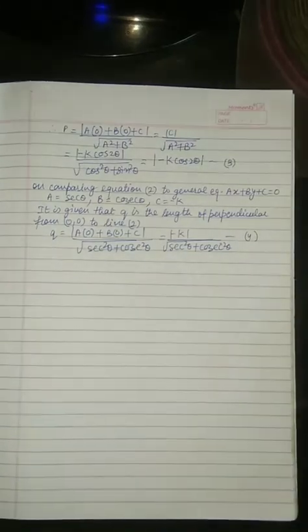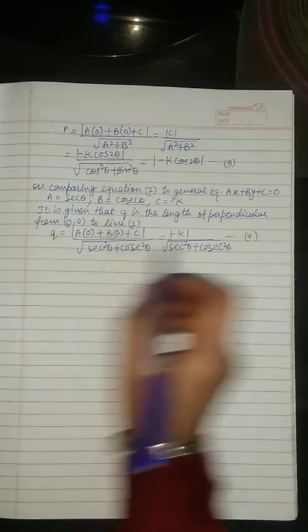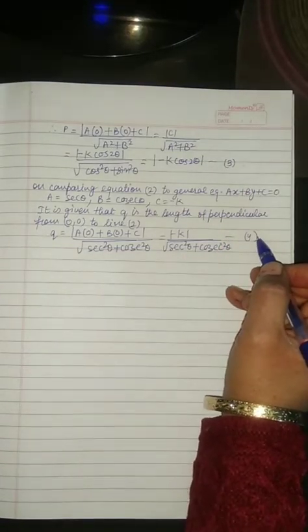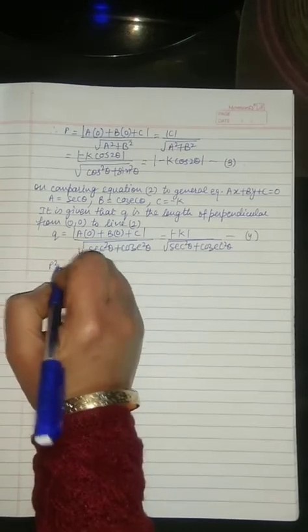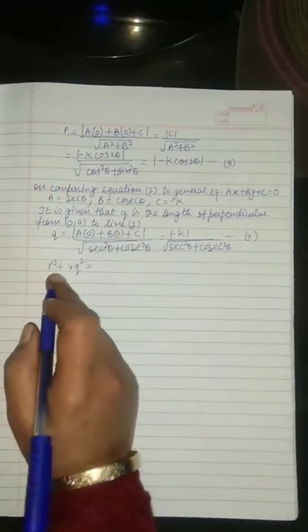Now in this question we have to find the value of p square plus 4q square is equal to k square. So we will put the values from equation 3 and 4. We have p square plus 4q square. We will put the value of p and q.